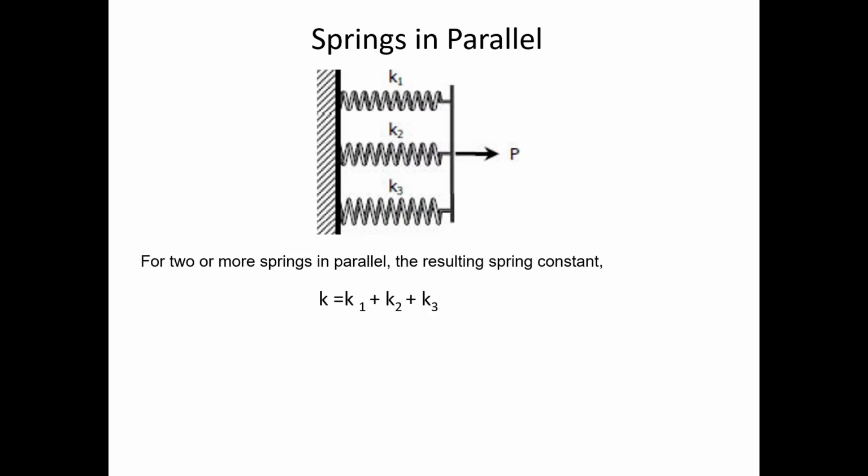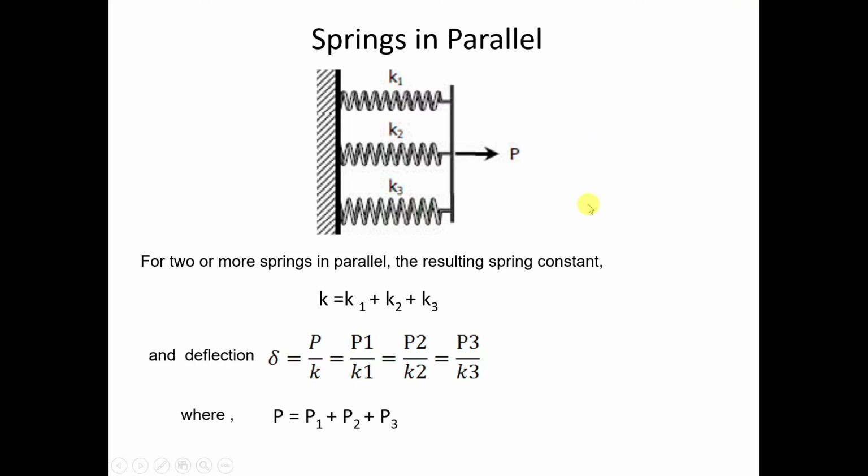The new value of stiffness K will be K1 plus K2 plus K3, and the total deflection del will become P by K, that is equal to P1 by K1, P2 by K2 and P3 by K3, where P is nothing but P1 plus P2 plus P3.